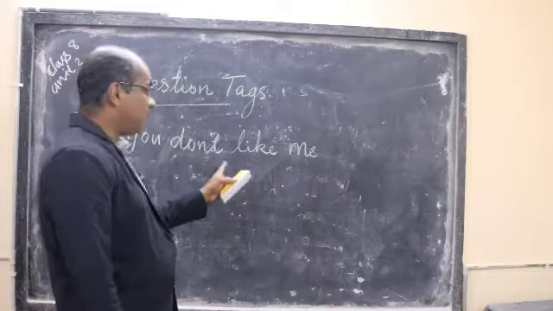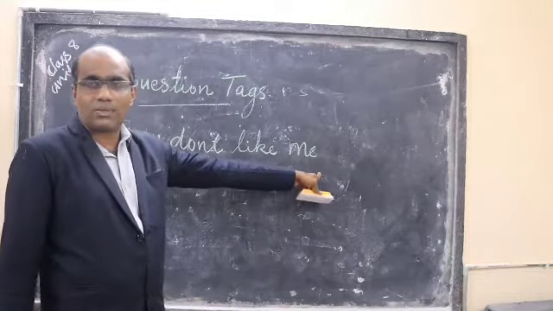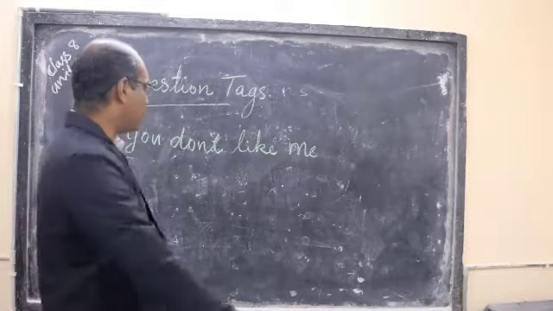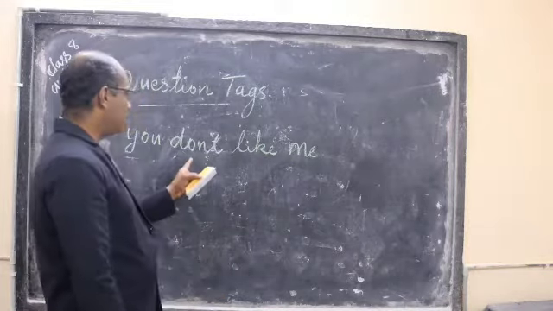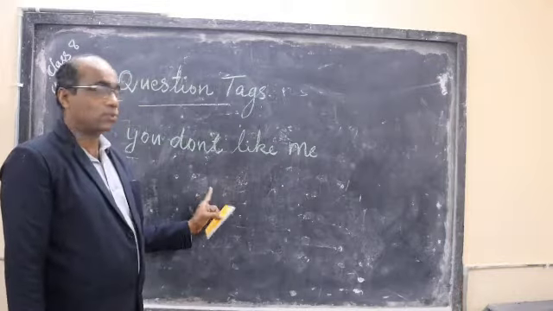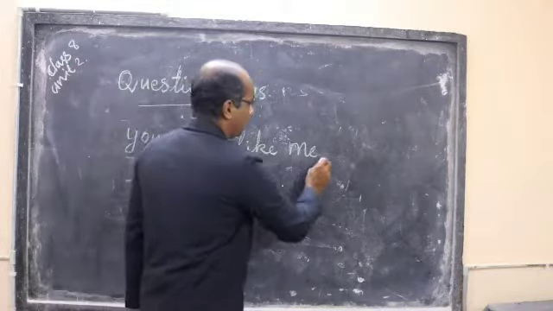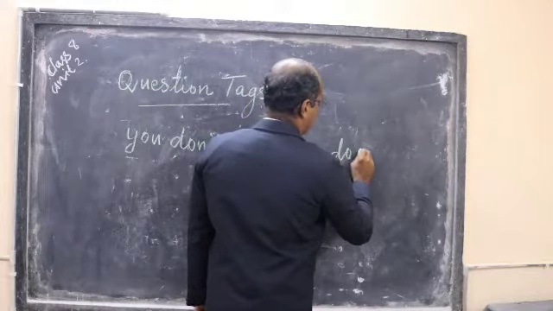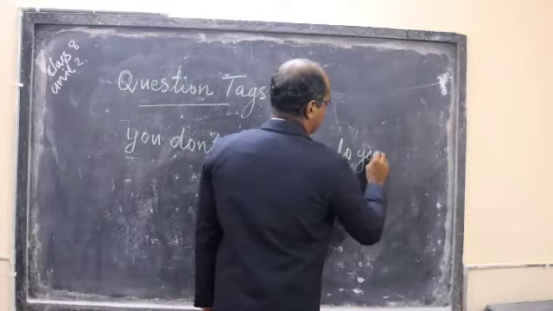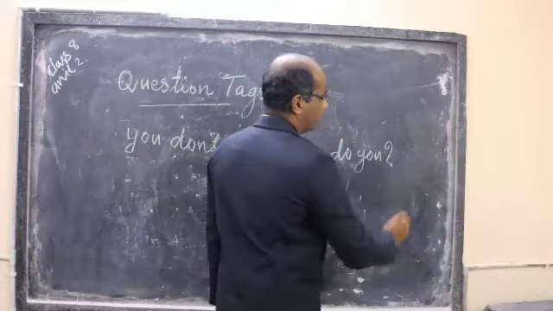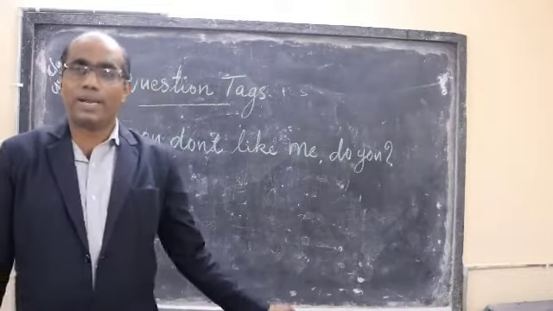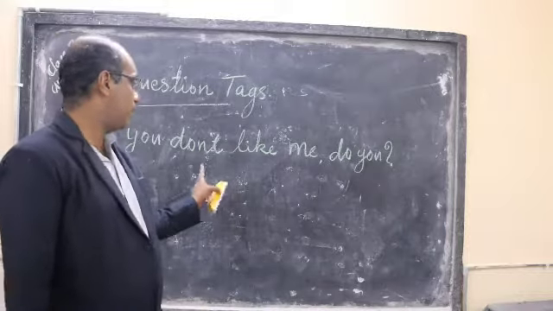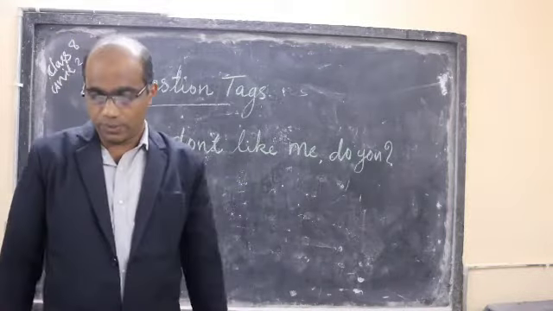So when it is negative, what will be the question tag? Question tag will be positive. Okay, let us write the positive question mark then. So do here is an auxiliary verb. So do you? Do you? So very clear to you? So it is negative, question tag positive.